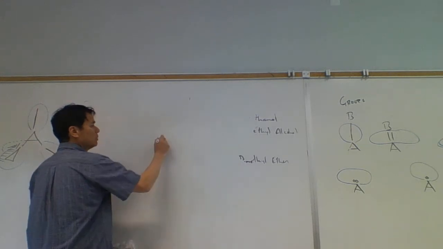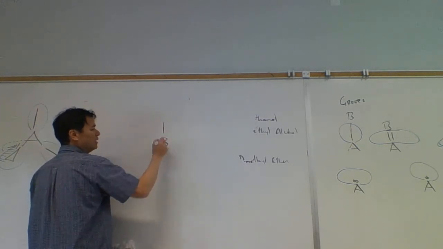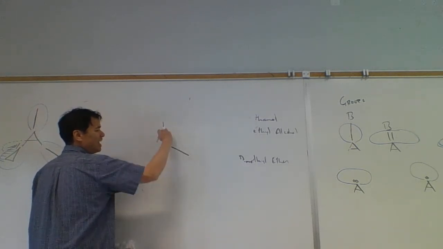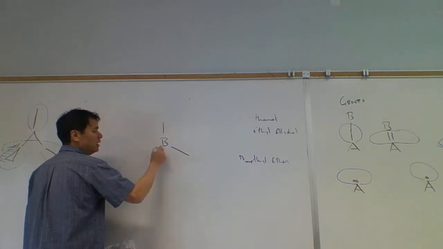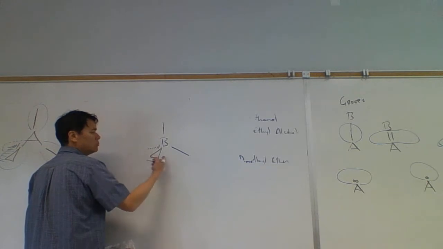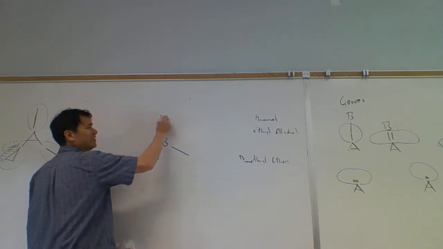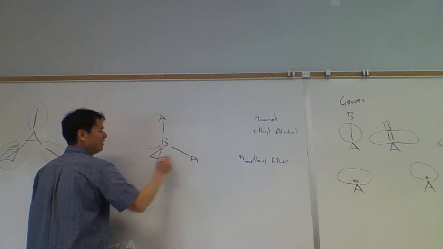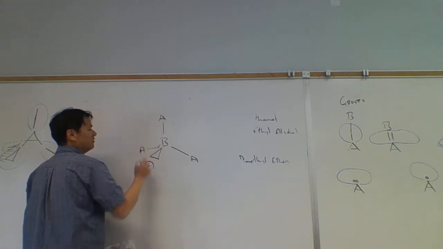The way I draw it is 4 single bonds to some generic atoms. So we put B in the center. One bond goes up, the other bond goes down. The angle is 109.5. One bond comes out as a wedge, the other goes in as a dash. We'll put A here, A here, A here, A here.